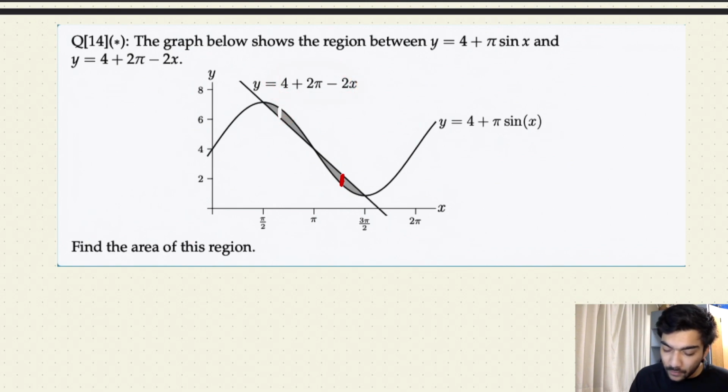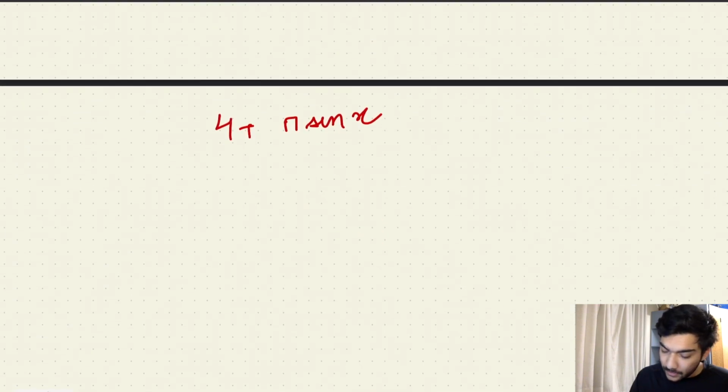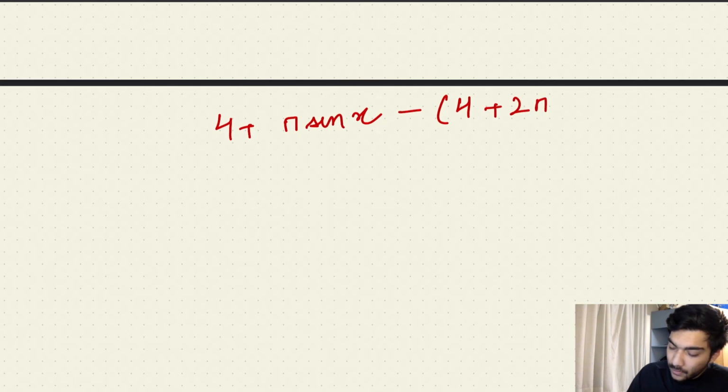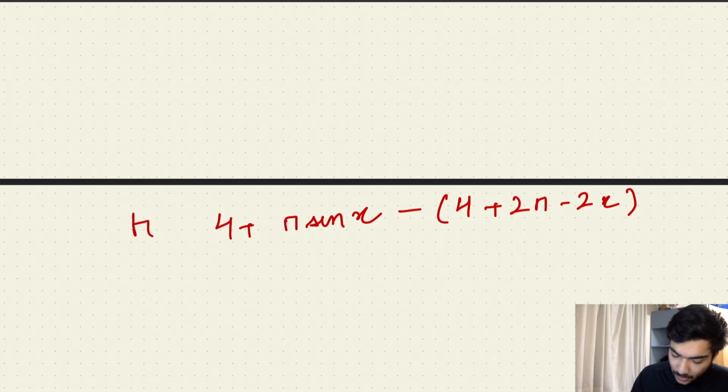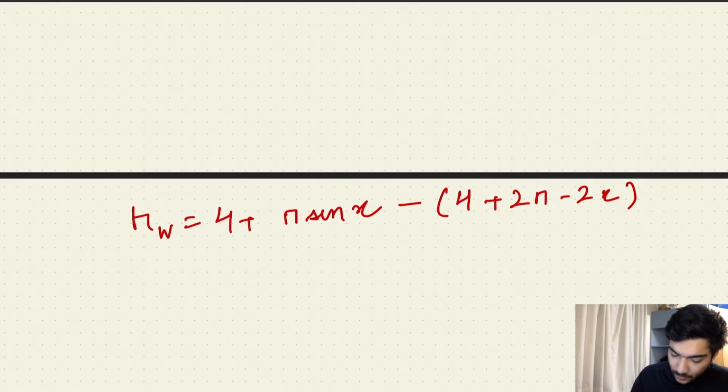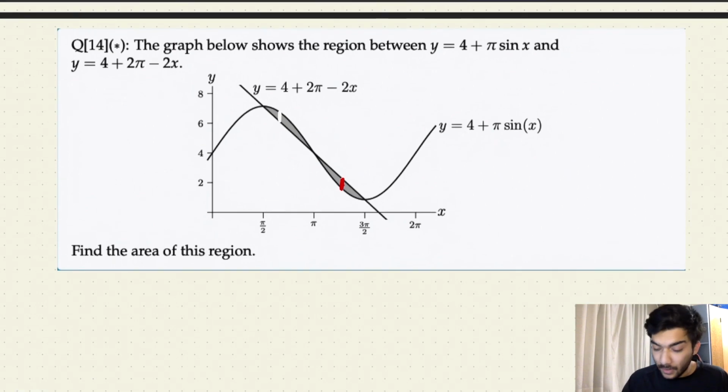So the y value is 4 plus 2 pi minus 2x, and this would be our height of the white strip over here, right? Again, a basic overview: in this height of the vertical strip calculation, our sine value is greater than our line function value.